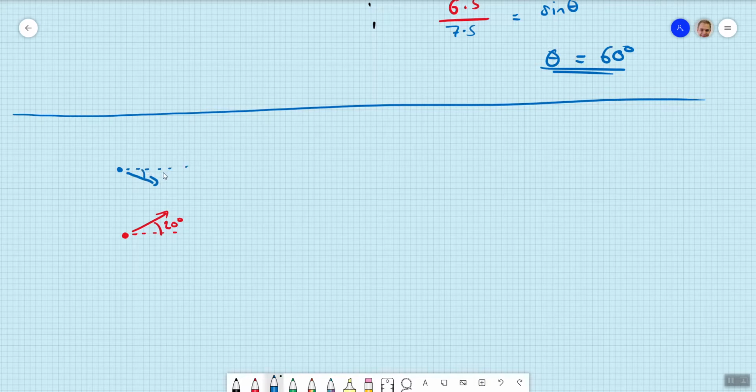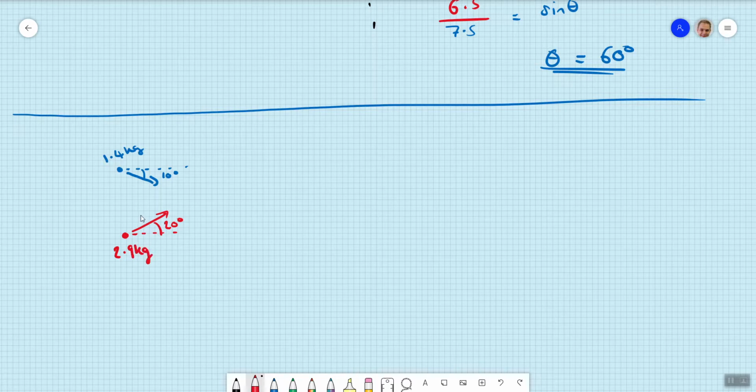And let's say it's coming down at an angle of 10 degrees. Let's make the mass of this one 1.4 kilograms. Let's make the mass of the red one 2.9 kilograms.